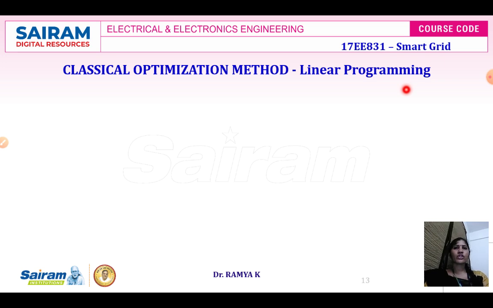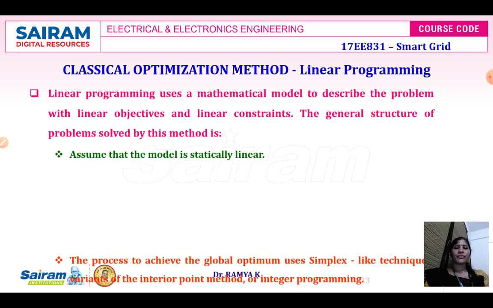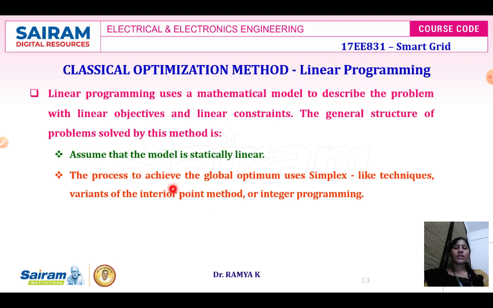The general structure of the problem solved by this method is to assume that the model is statistically linear. The process to achieve the global optimum uses simplex-like techniques, variants of the interior point method, or the integer programming method.